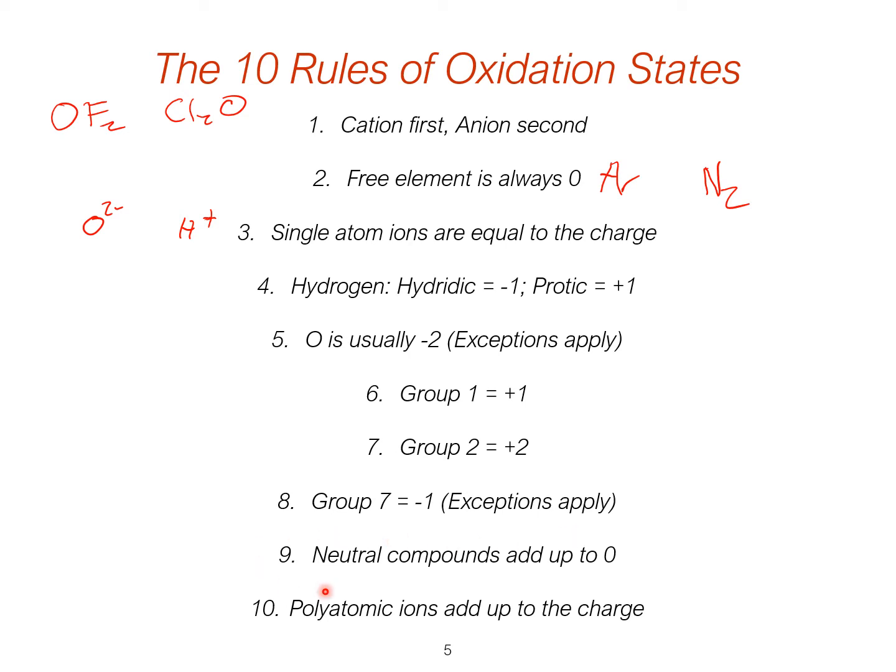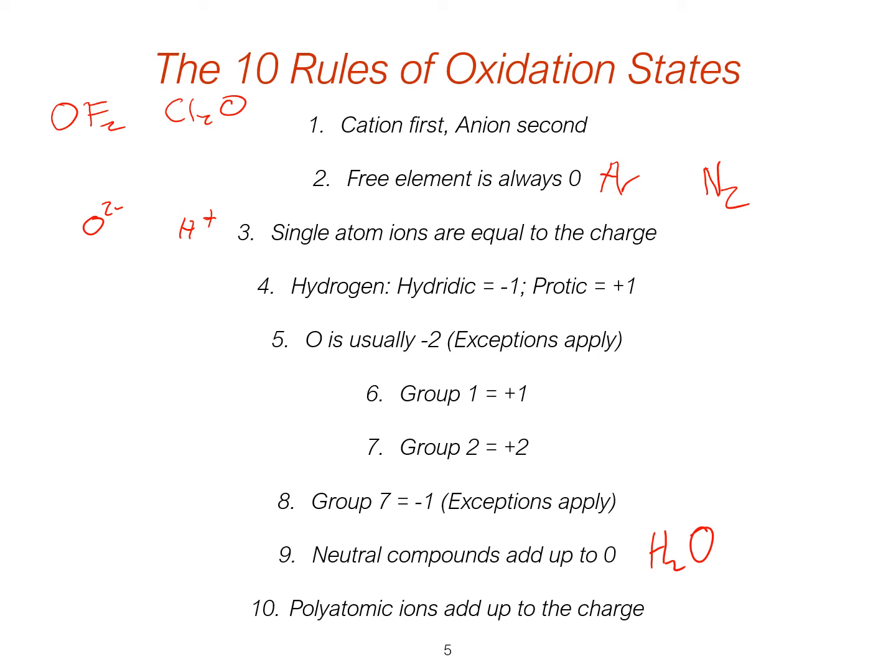Neutral compounds add up to 0. So with something like H2O, we know that all the oxidation states are going to add up to 0. If we follow the other rules, hydrogen is +1 because it's protic, oxygen's -2, which follows rule 5. Very nice. And then finally, polyatomic ions add up to the charge.